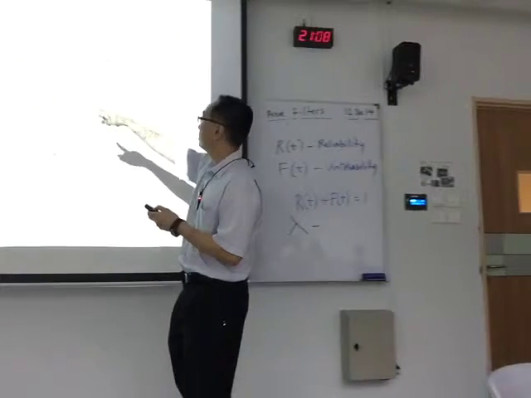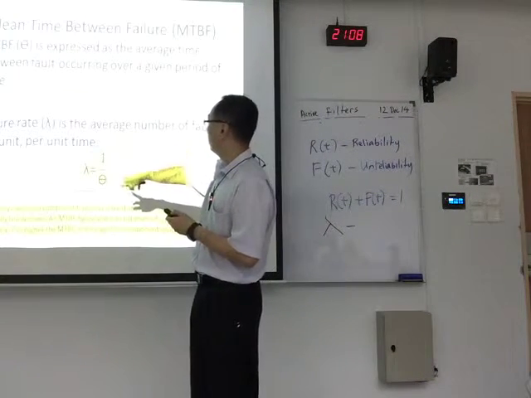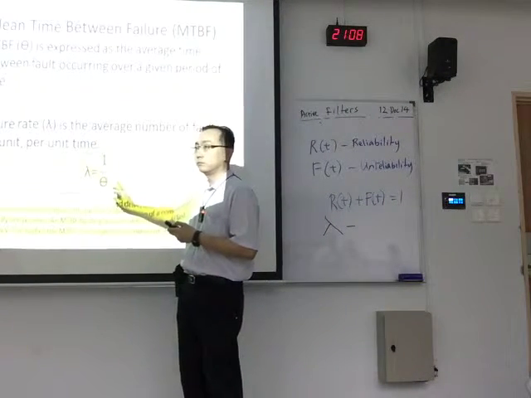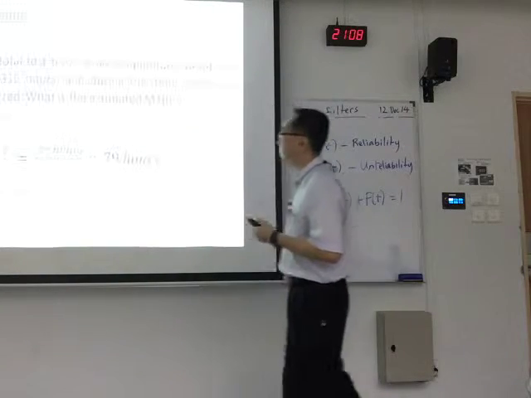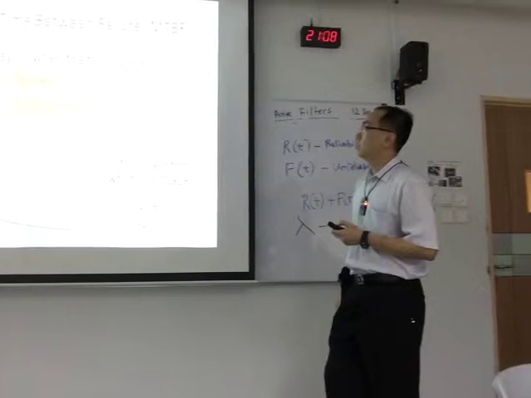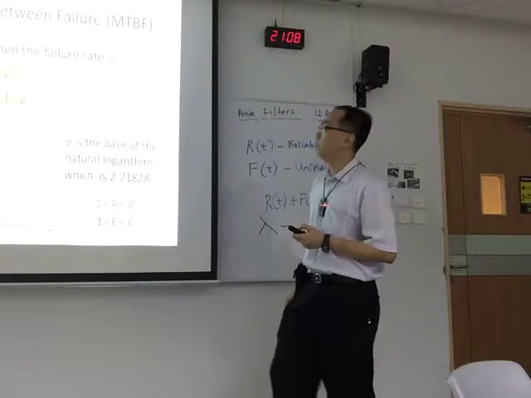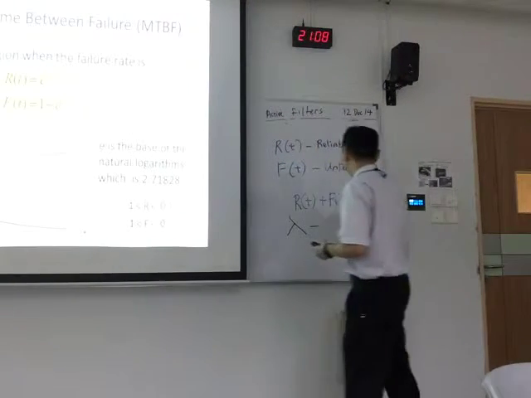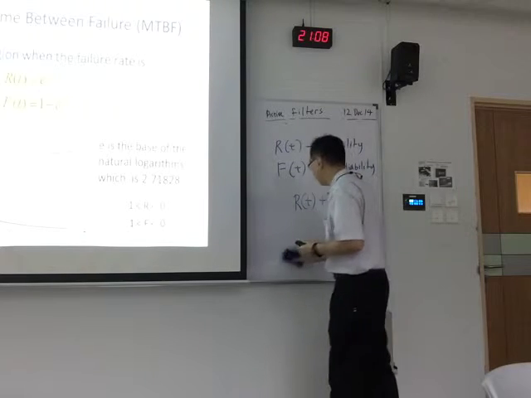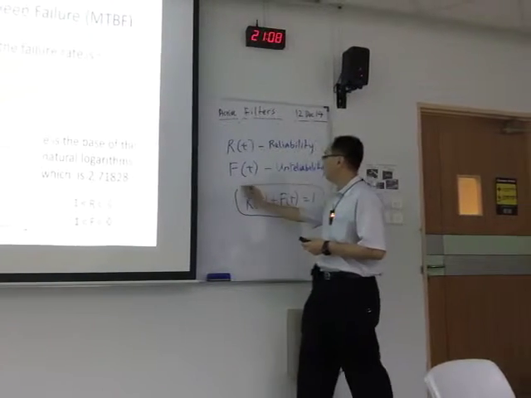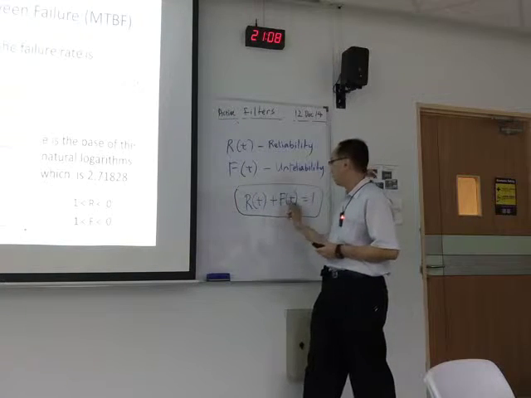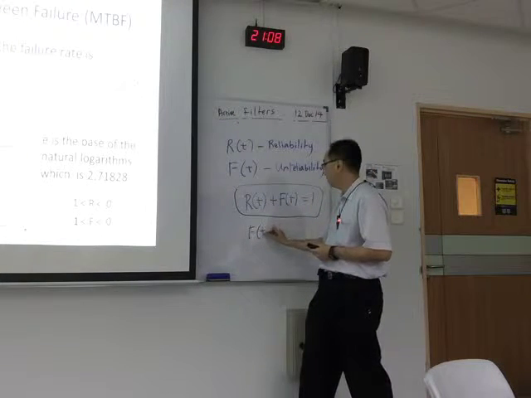Lambda is given as this. So that is reliability, and unreliability is 1 minus reliability. Why is it 1 minus? From here, how do we get F(t)?